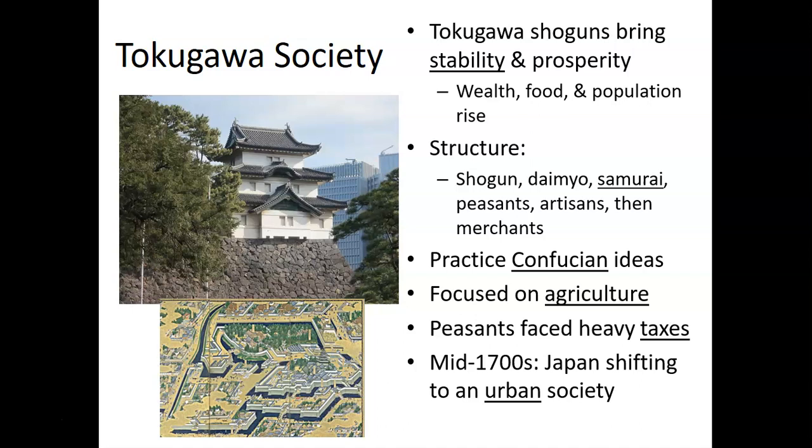Mainly they have the ability to say, hey, look, I don't have to farm anymore, there's access to food, I can go to different jobs, and that leads people to the cities, such as Edo and Kyoto.